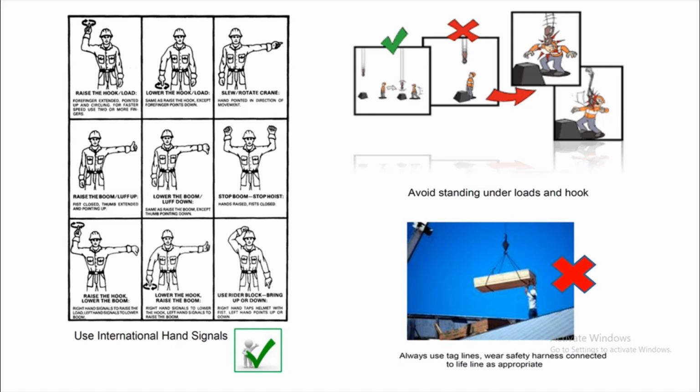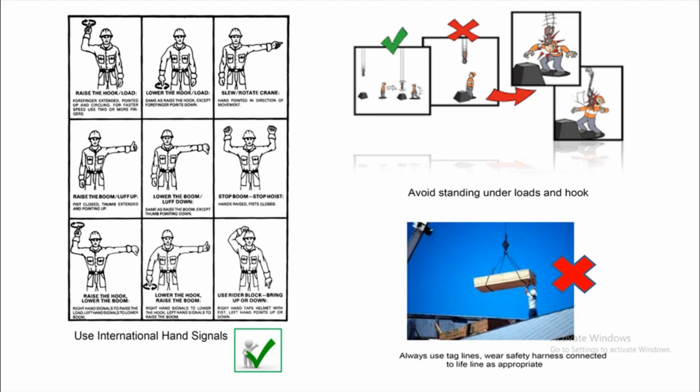Raise the boom at the same time. If the hand signal is on the right, that means the rig is going to the left, the left of the operator. Raise the boom, luffing up.